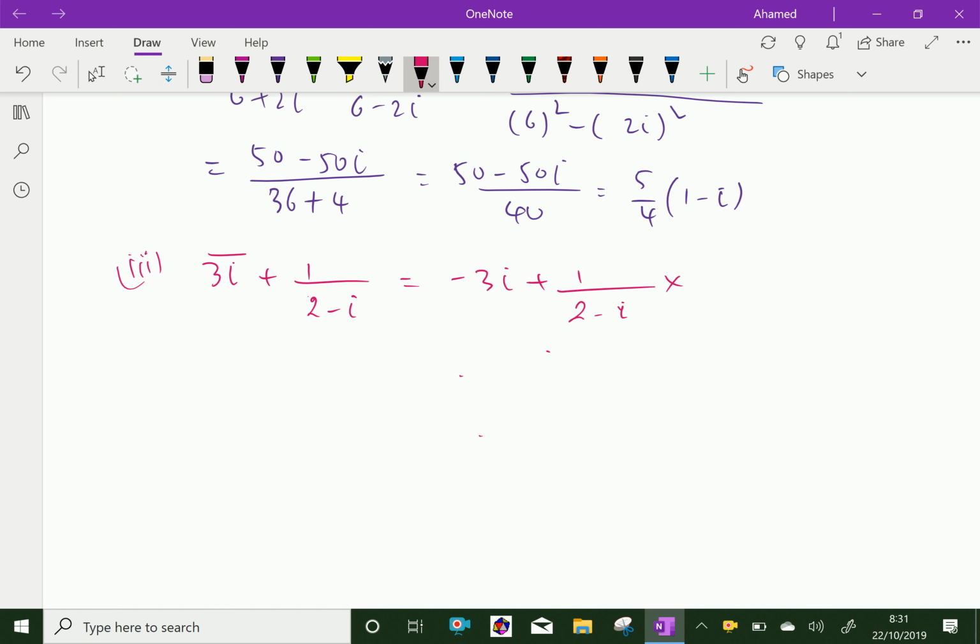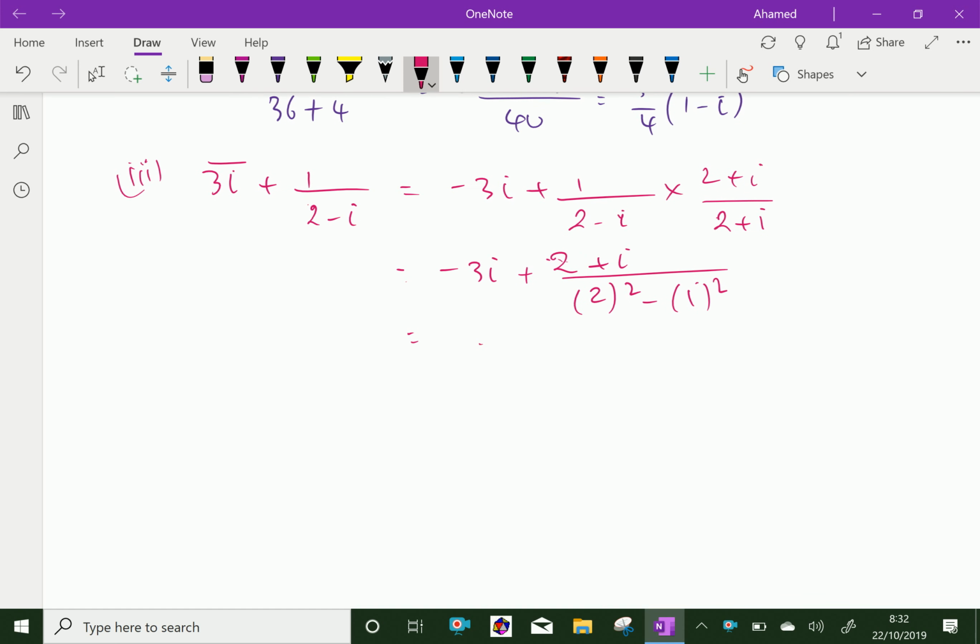Multiply numerator and denominator by the conjugate of 2 minus i, that is 2 plus i over 2 plus i, which gives minus 3i plus, denominator is 2 square minus i square. Now on top is 2 into 1 is 2 plus i, which gives minus 3i plus, here 2 square is 4 minus 1 is 3.